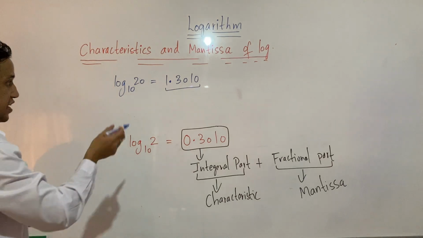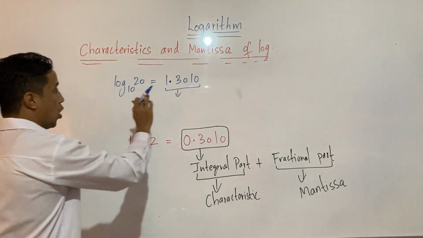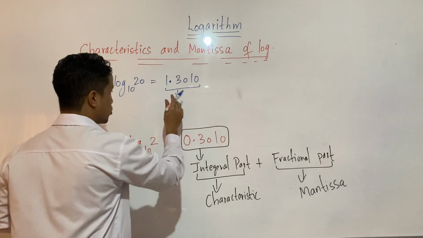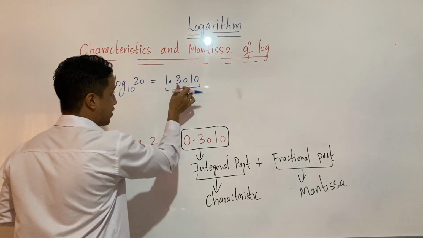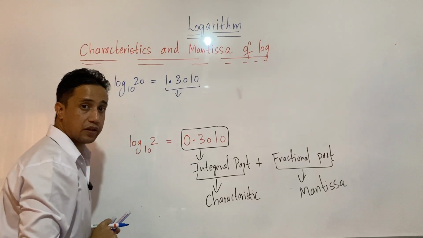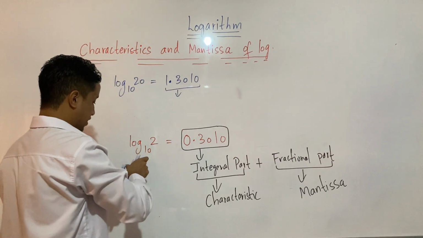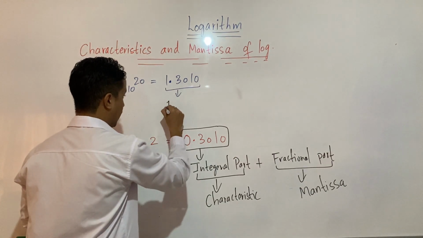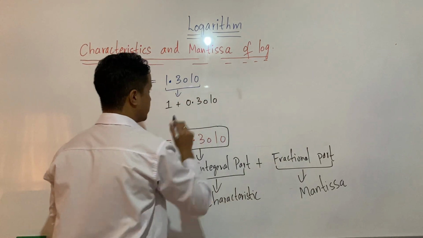So the value that I get here for log 20 to the base 10 is 1.3010. Now if I break this value, what will I get? I have something before the decimal and something after the decimal, right? So I can write this as 1 plus 0.3010.